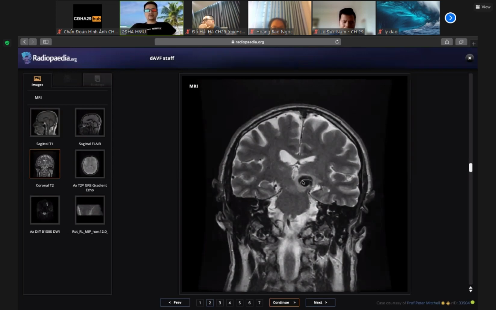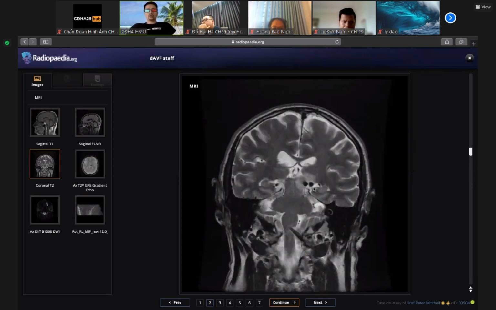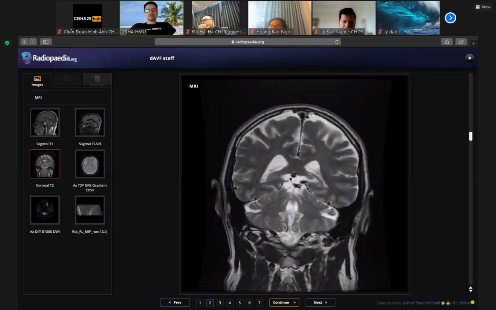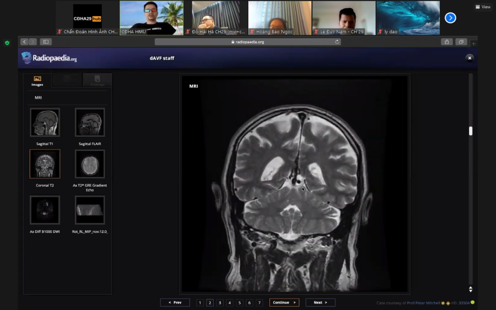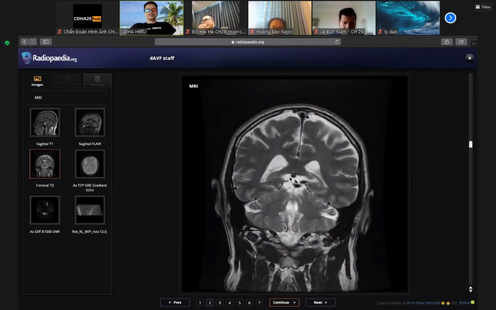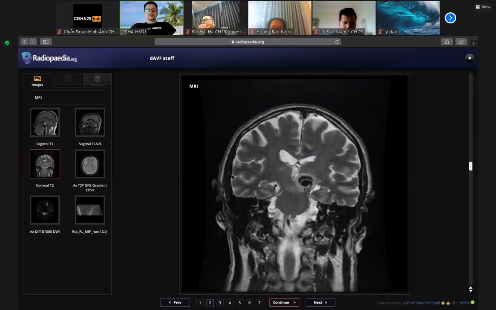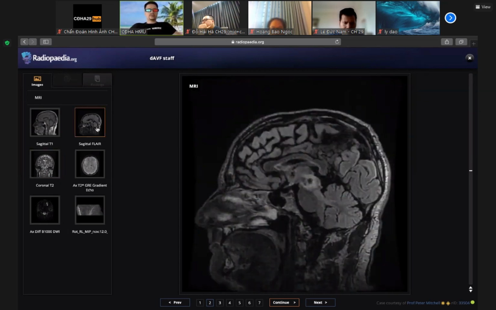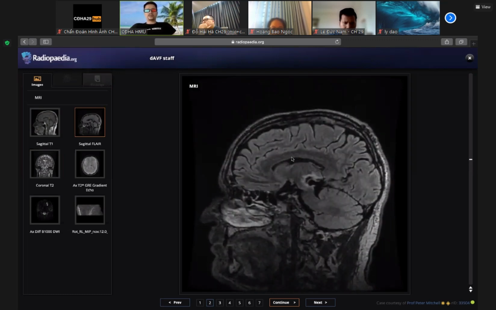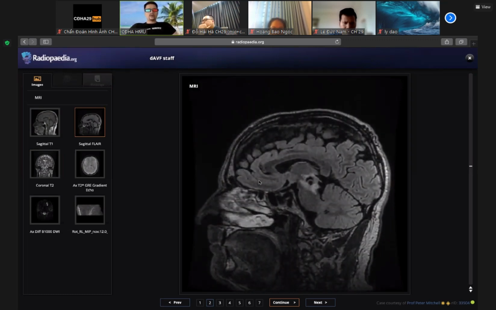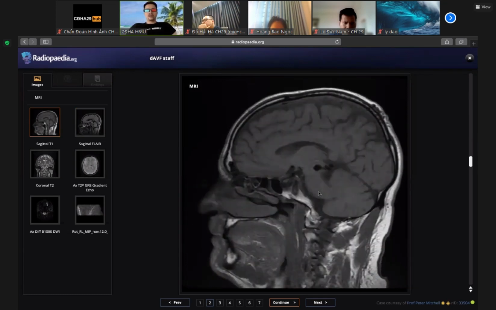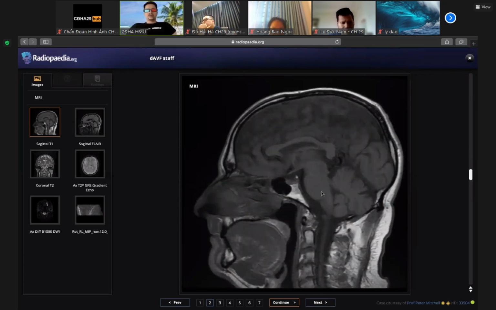We can see a dilated vessel which shows a connection with the deep venous system, draining to the deep venous system. Based on the non-contrast imaging, I think it's very hard to say whether it is an AVM or a dAVF.